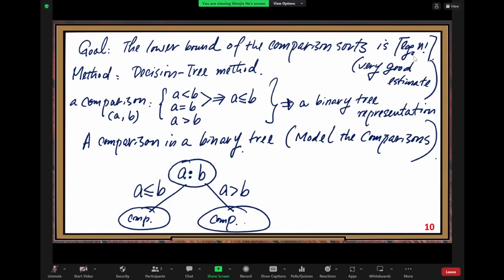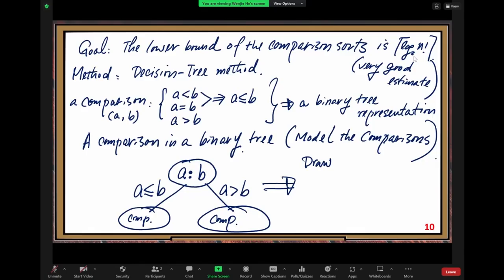With this basic structure representation, we can draw a binary tree. That binary tree we call a decision tree, because when we do comparison, we just make decisions, right? You go to the left branch or the right branch.